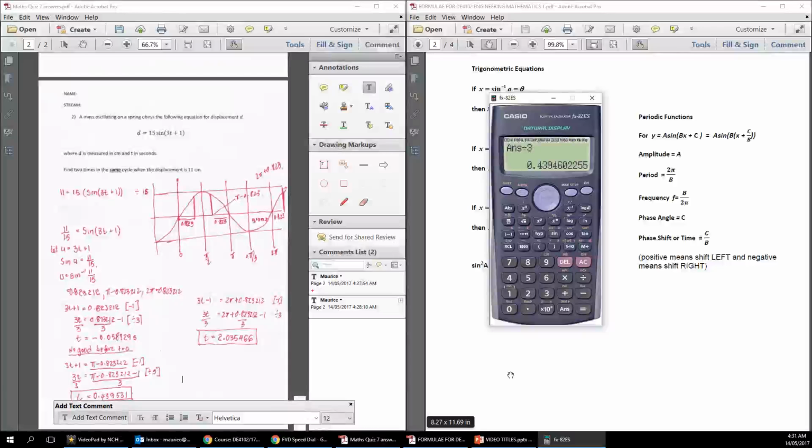All right, so that's one of our solutions, and then our second solution here is going to be this value here of what we've got here, 2 pi plus 0.83212. So 3t minus 1 equals 2 pi plus 0.83. Subtract the 1. 3t equals 2 pi plus that minus 1.